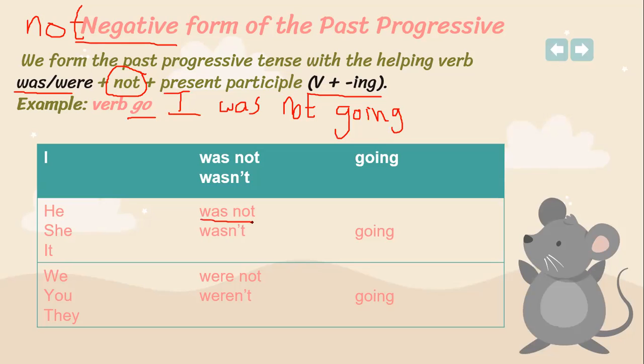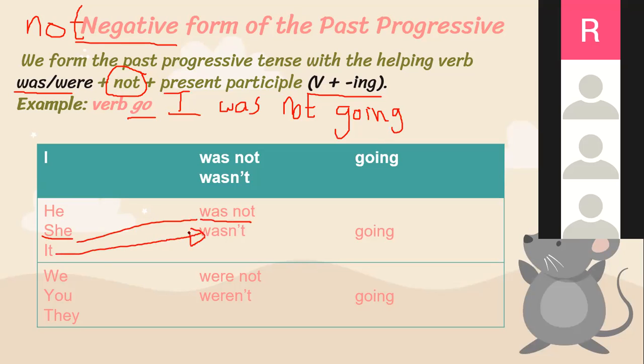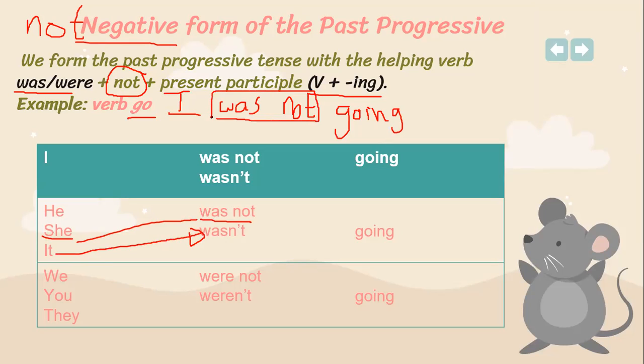He was not going. She was not going. It was not going. Or you can use the contraction, the smaller size of was not. You can use wasn't.